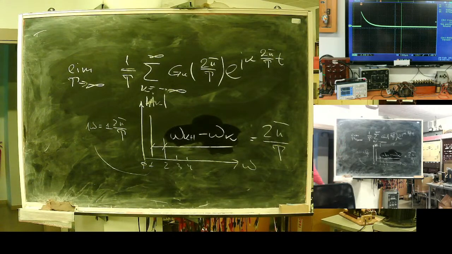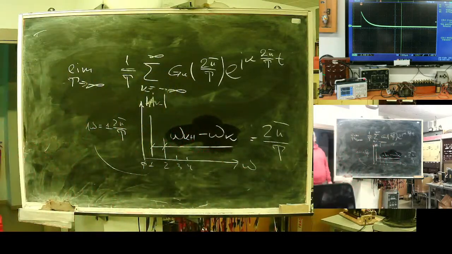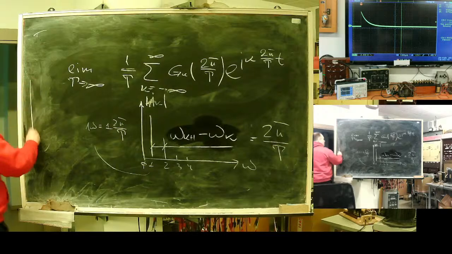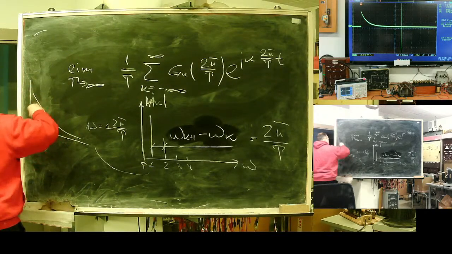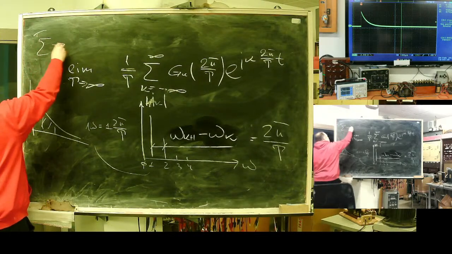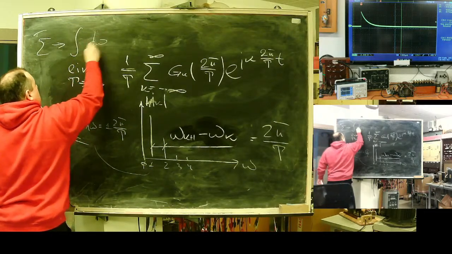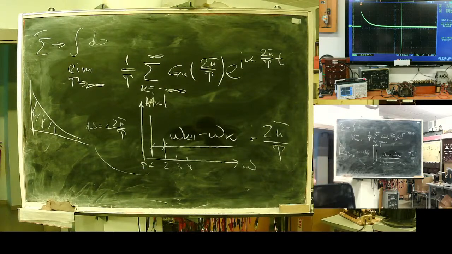What will happen with this chart if I increase the period to infinity? The lines will be closer and closer and closer. At one moment, I will have one area or figure. So the sum will become an integral in frequency.